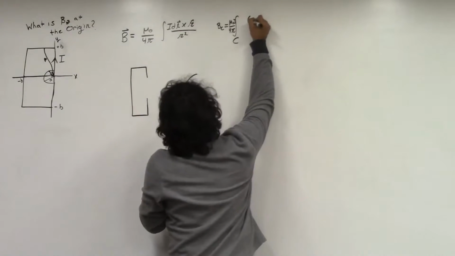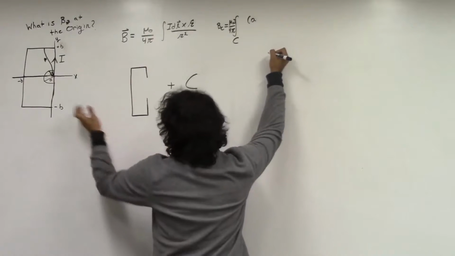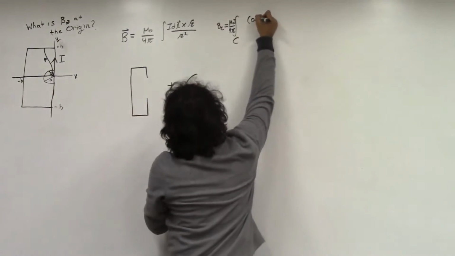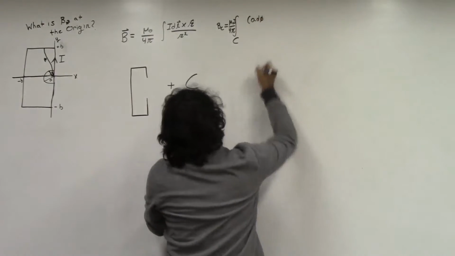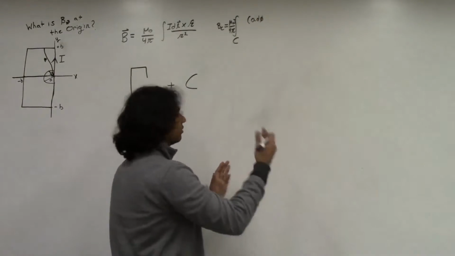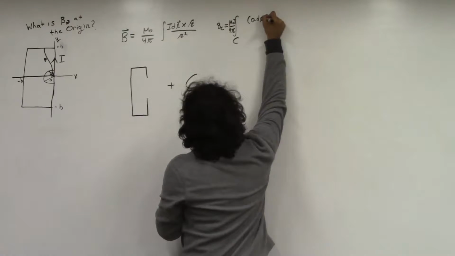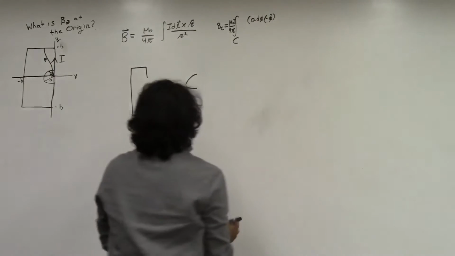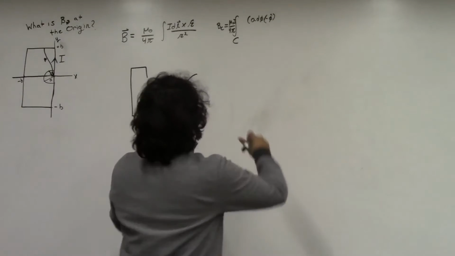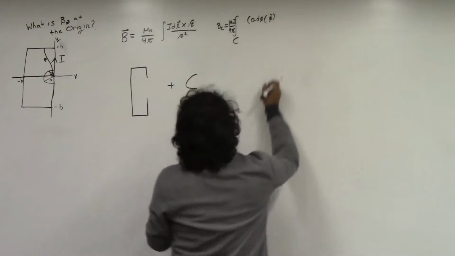So my dl is going to be a, because that's the radius of this semicircle, d phi, because it integrates over phi, and then phi hat. I'll explain why after.